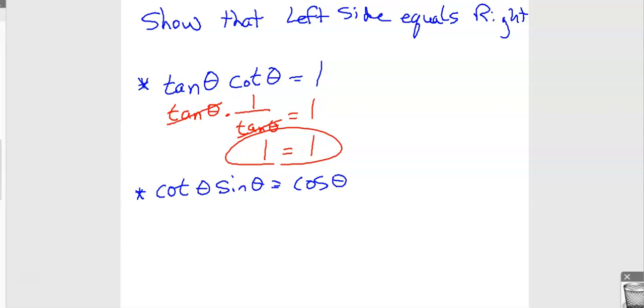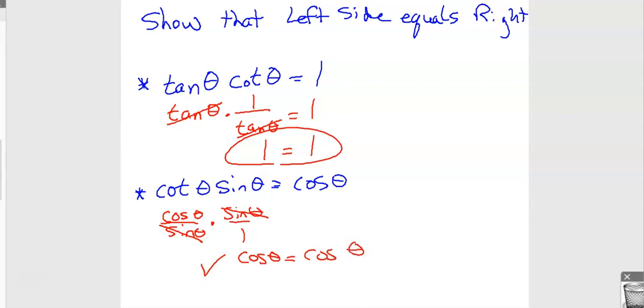So let's come down to the next one. Well, again, typically sine and cosine is what you want to leave alone. So cotangent, you know the definition is cosine over sine. And here the sines cross out, and you're left with cosine. And again, cosine is what we're trying to prove.